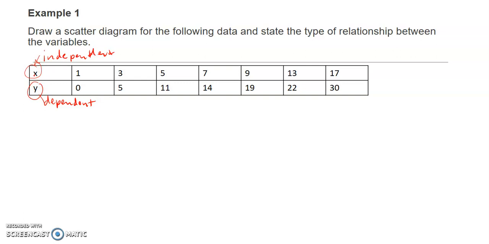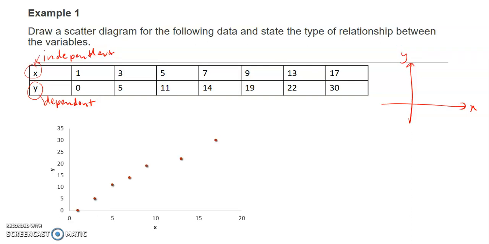So how to construct the scatter diagram? First step, of course, you must draw the axes, vertical axis and also horizontal axis. This is X, this is Y. Then plot the graph. So this is your scatter diagram.